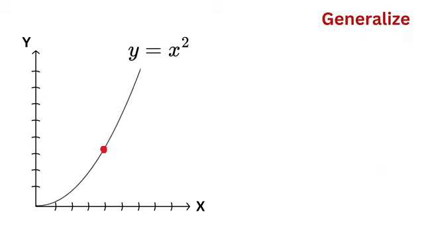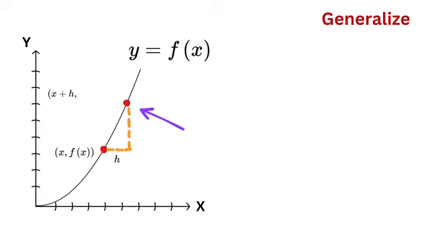Now, to generalize this, instead of using x square, assume we denote y as a function of x or f of x. Now, at this point, x, we have y as f of x, and at this point, which is x plus h, we have y, or the output when the input is x plus h, as f of x plus h.